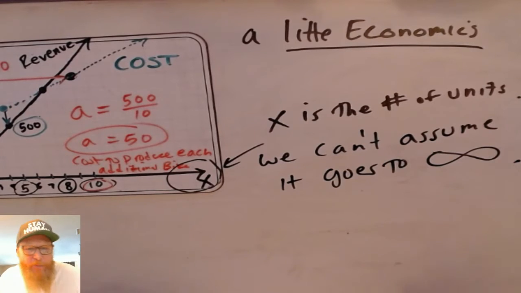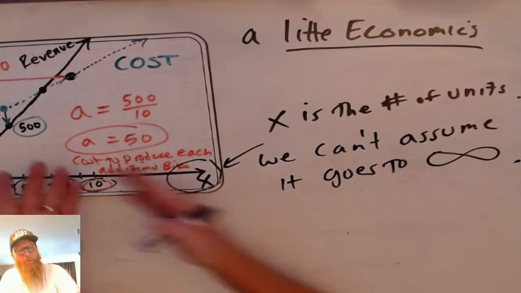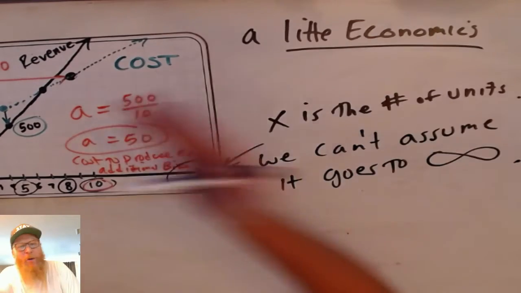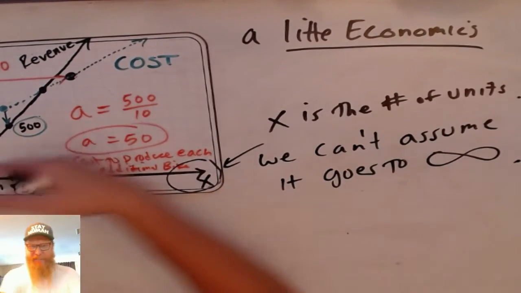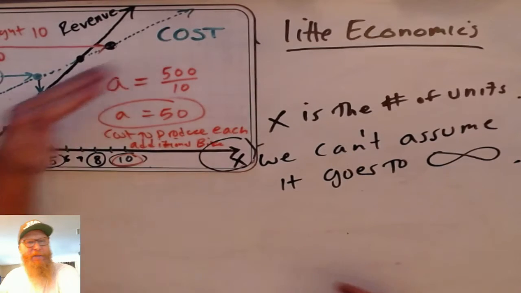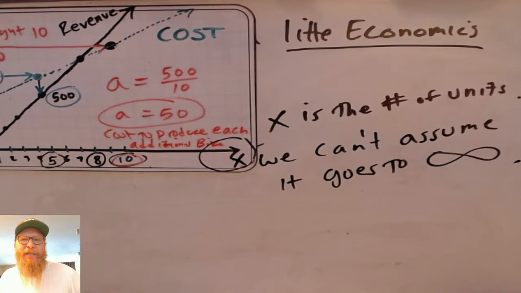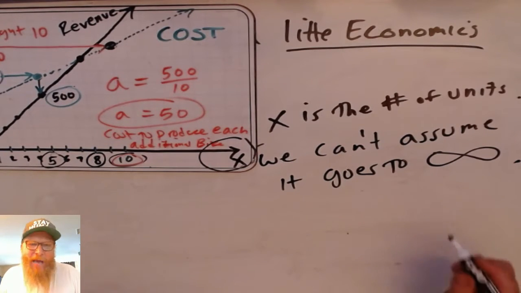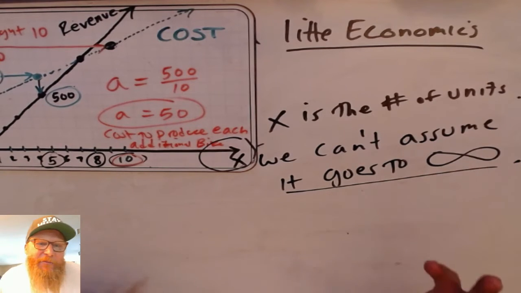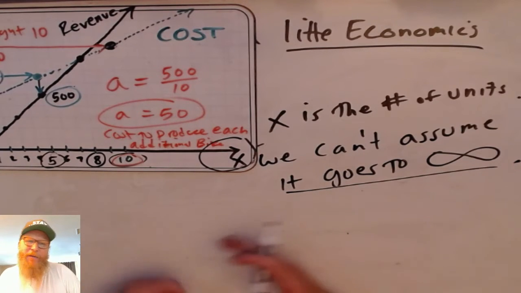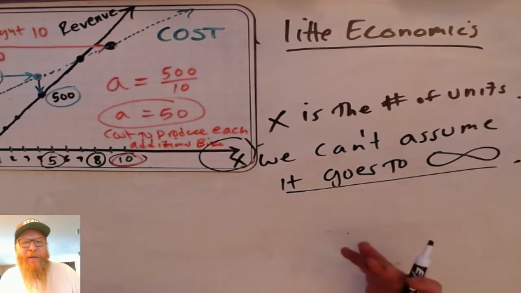Whenever I did an algebra problem all the way through Chapter 3, we assumed, with graphs like this, the domain would go on forever, right, to infinity. In fact, in a lot of the graphs I drew it went the other way to negative infinity. But we can't assume that, right? First of all, there's not even an infinite number of people, right? So how are you possibly going to sell an infinite number of bikes, right?